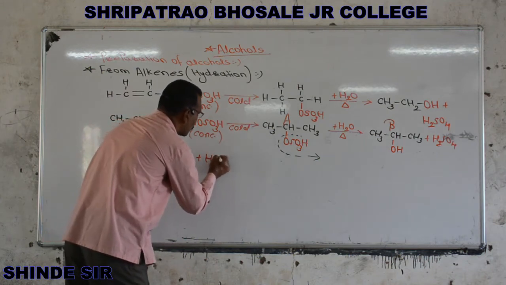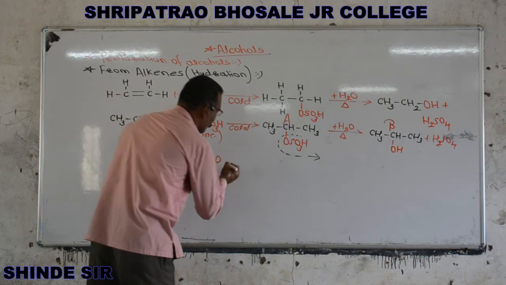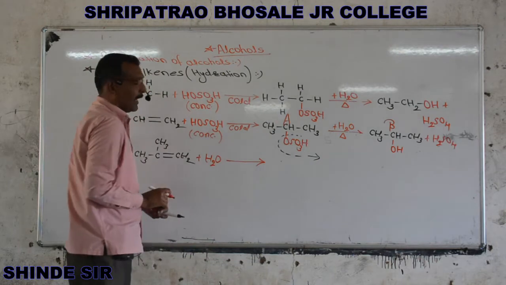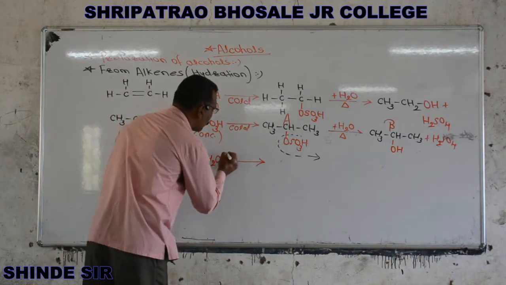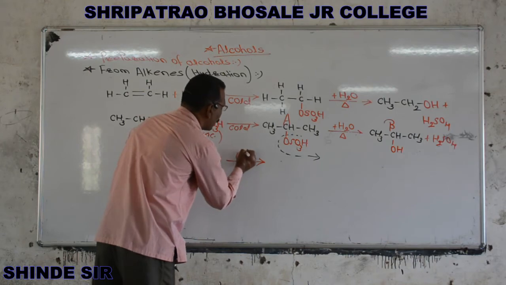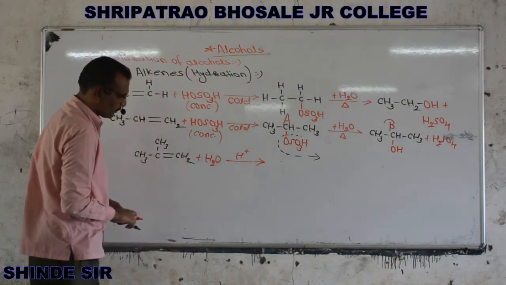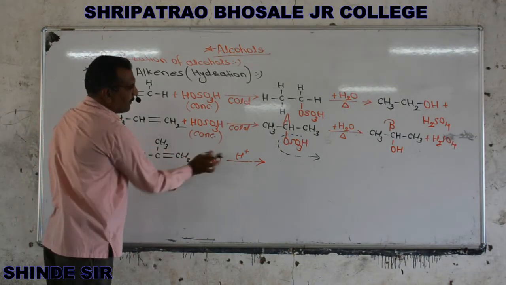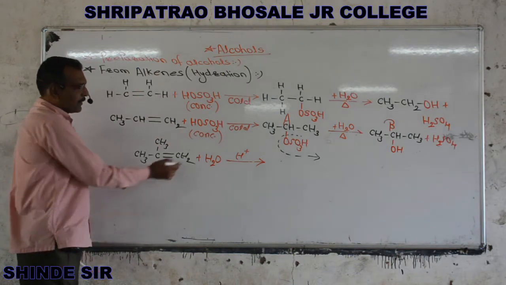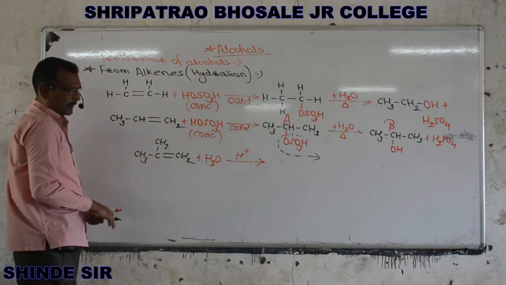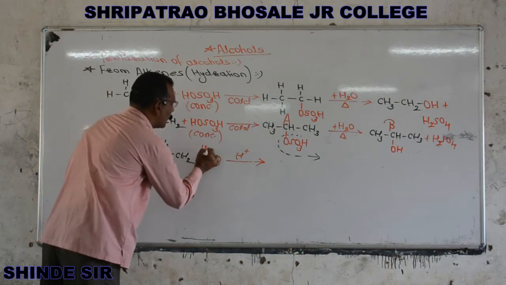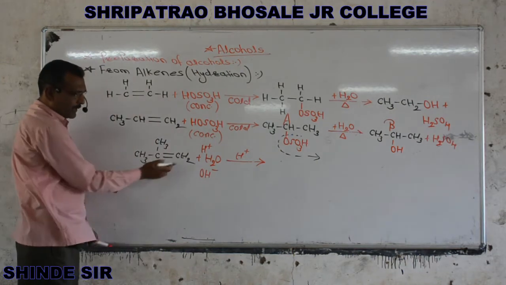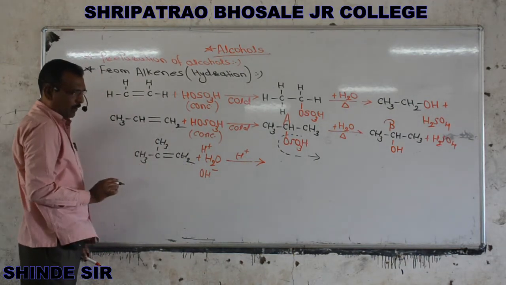The only condition is that the reaction is again carried out in the presence of acid. That is, we take 50% sulfuric acid, or we can just write H plus. So when isobutylene is treated with water in presence of 50% sulfuric acid, direct addition of a water molecule takes place. That means these reagents are formed, H plus and OH minus. The reaction takes place according to Markovnikov's rule.